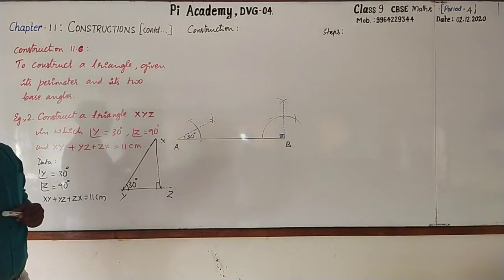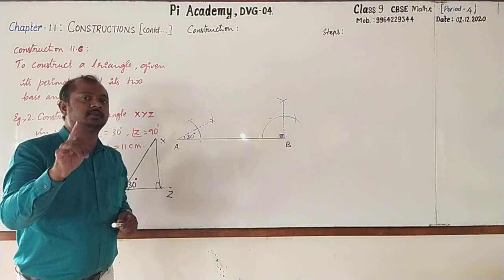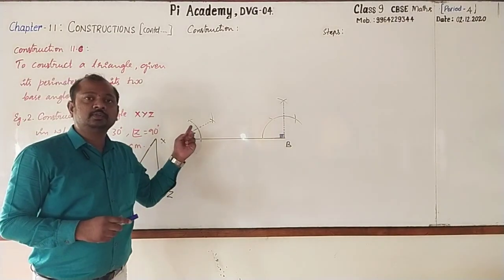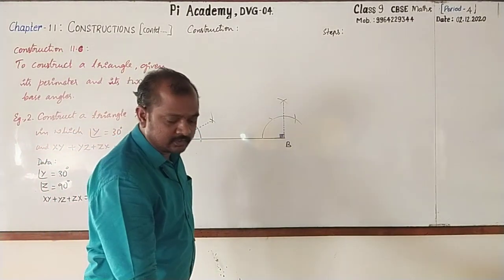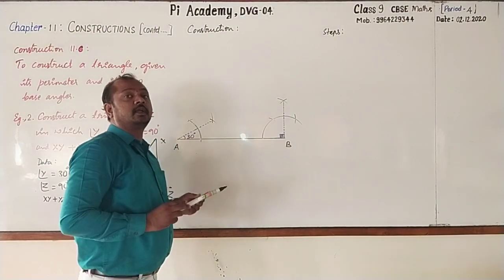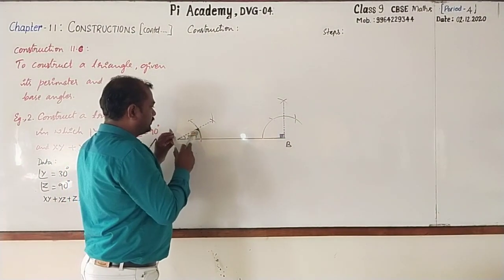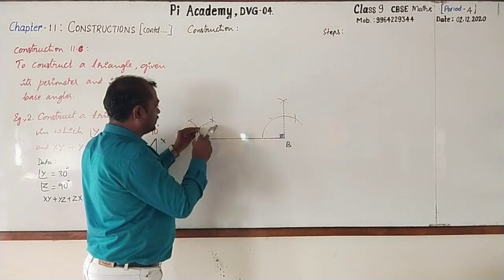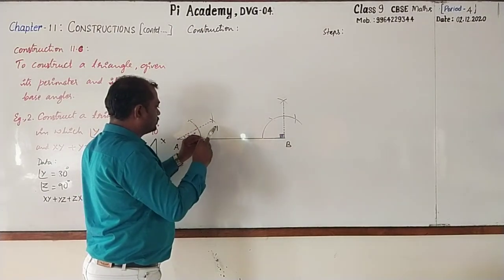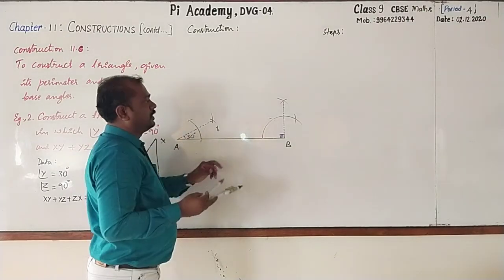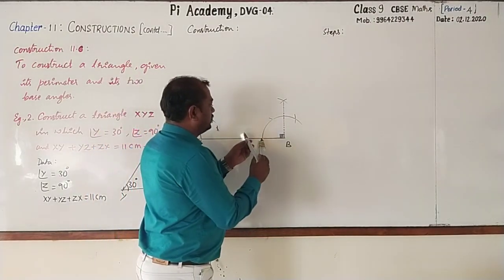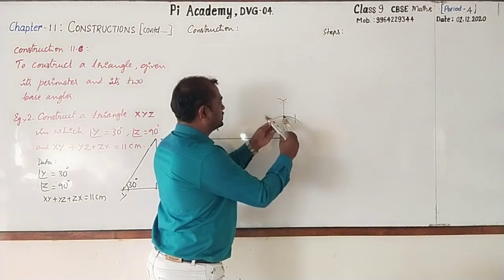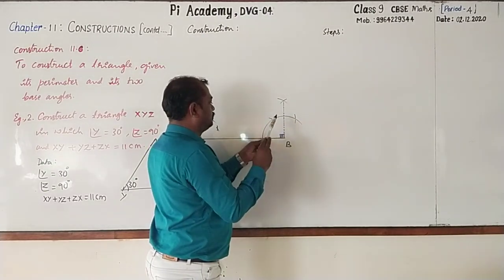Next, after constructing the given angles, the next step is you have to bisect both angles. That means you should draw the angular bisectors. From these 2 points as center, draw 2 arcs. And here at 90 degree, take these 2 points as center, draw 2 arcs.